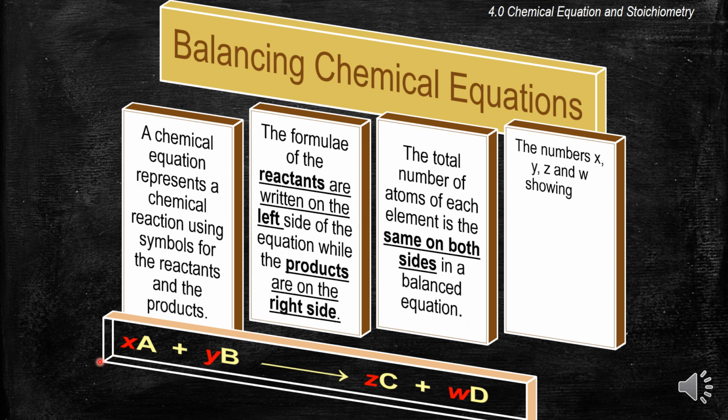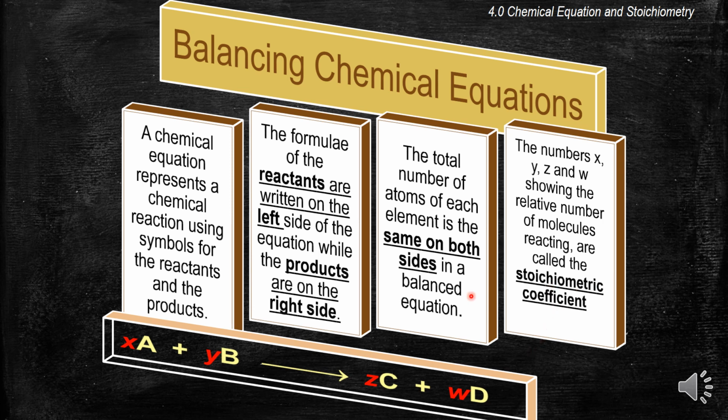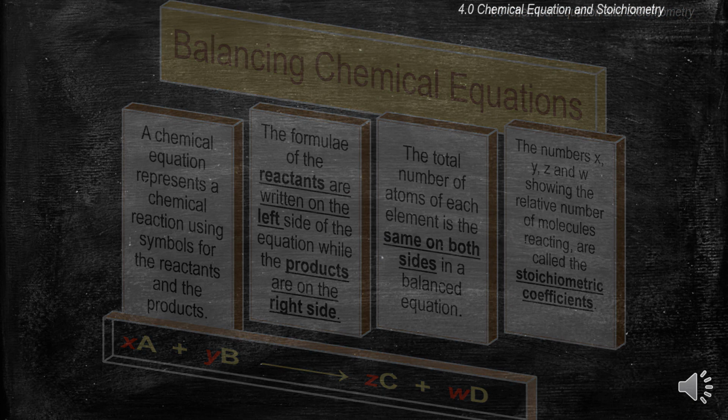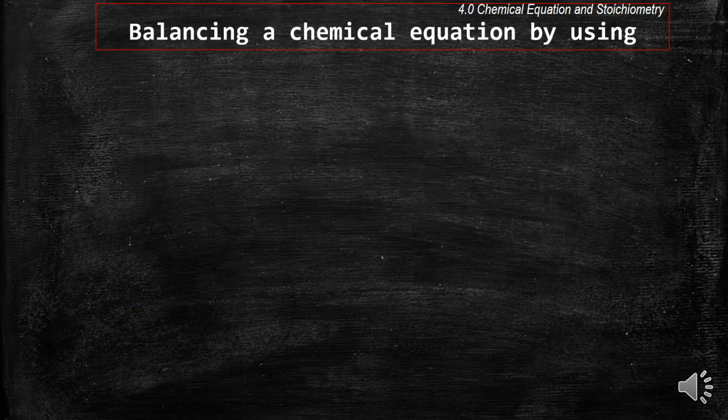Next, the numbers X, Y, Z, and W showing the relative number of molecules reacting are called the stoichiometric coefficients. We can balance a chemical equation using the inspection method by the following steps.